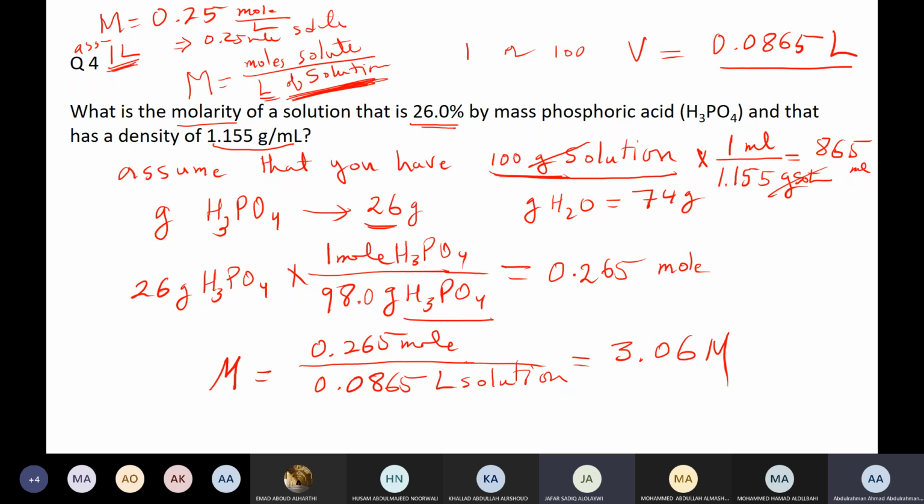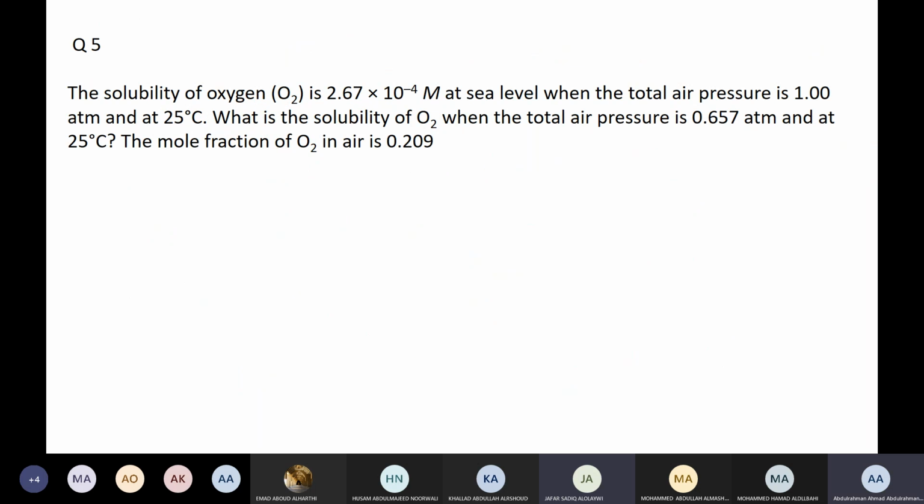Easy. Yes. Good. The solubility of oxygen O2 is 2.67 times 10 to the power -4 molar at sea level when the total air pressure is 1.00.